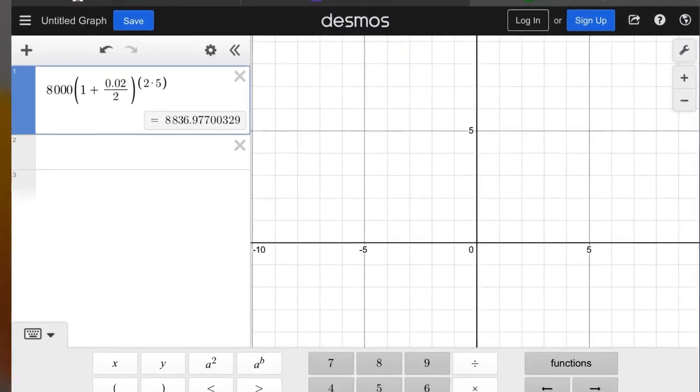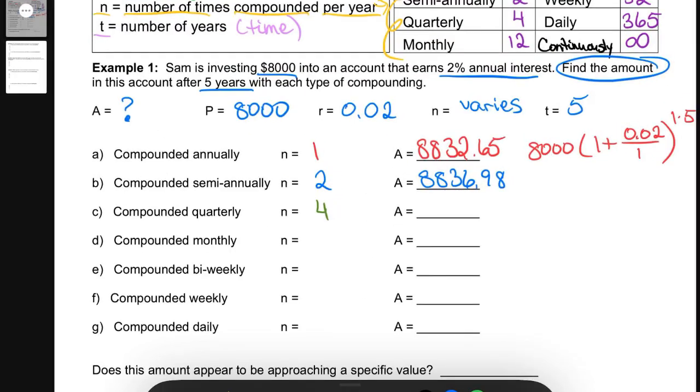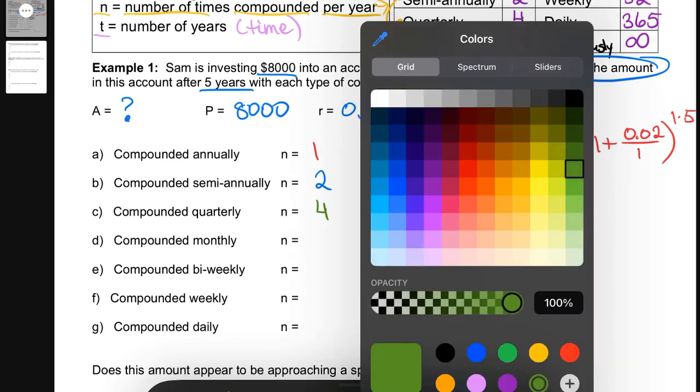For compounding quarterly, that n is 4, so we're going to compound 4 times a year. Change that number to 4, and we see our number went up again, 8839.16. So again, we've gone up a little more.